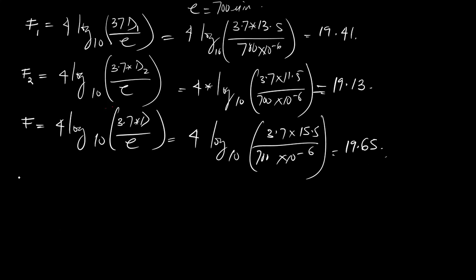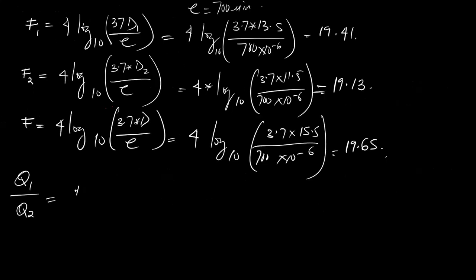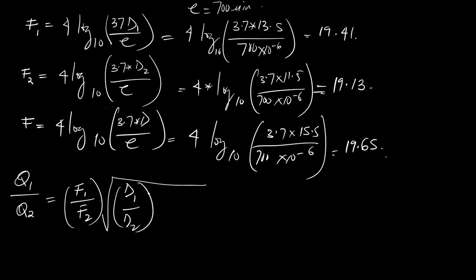So now let's look at Q1 all over Q2, which will give us what? That is F1 all over F2 times the square root of D1 all over D2 all raised to power 5 times L2 all over L1.